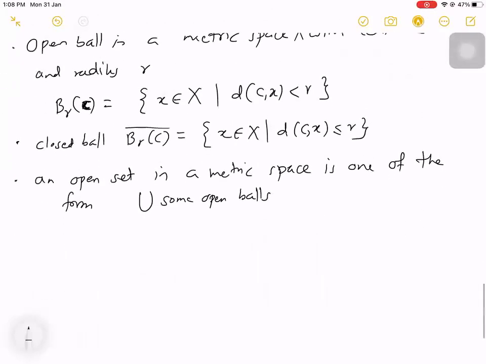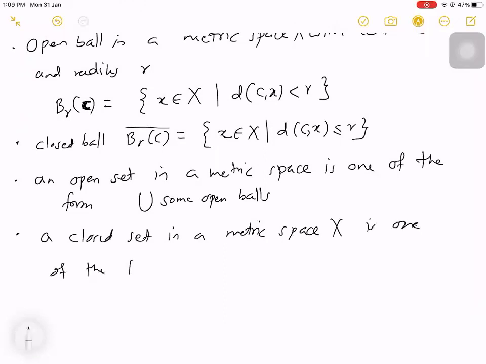And a closed set in a metric space X is one of the form which is a complement, X minus some open set.